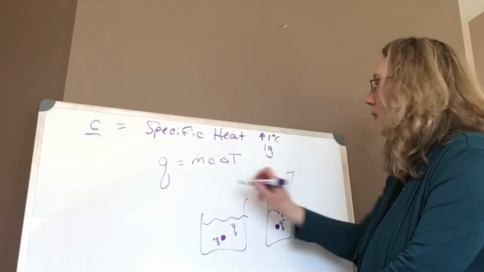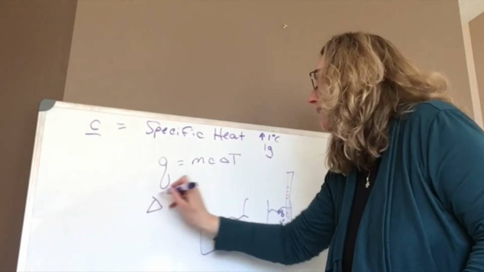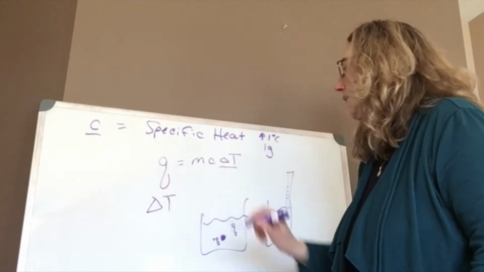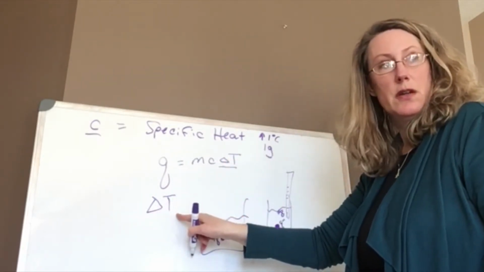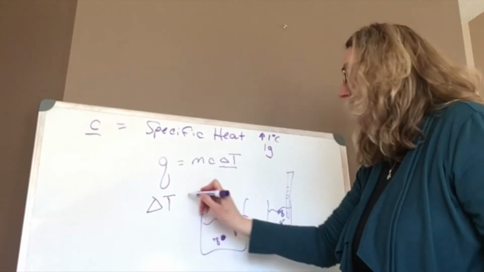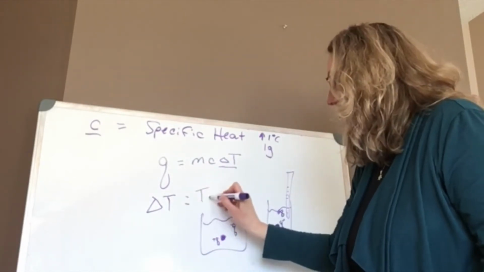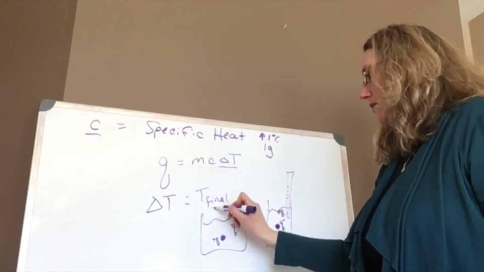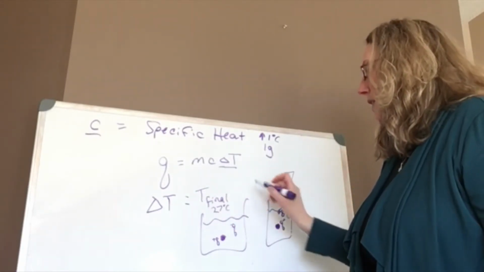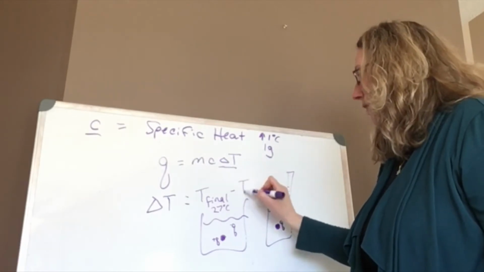Okay, so delta T then is your change in temperature. How do you figure out your change in temperature? Well, you measure your final temperature. Let's say your final temperature is 27 degrees C, and you subtract your initial temperature.